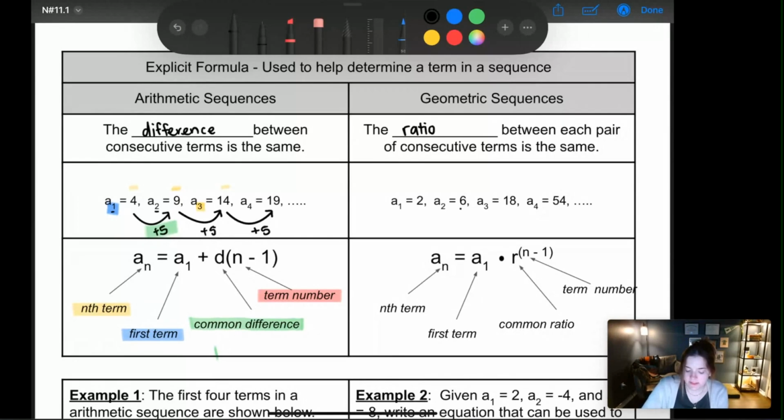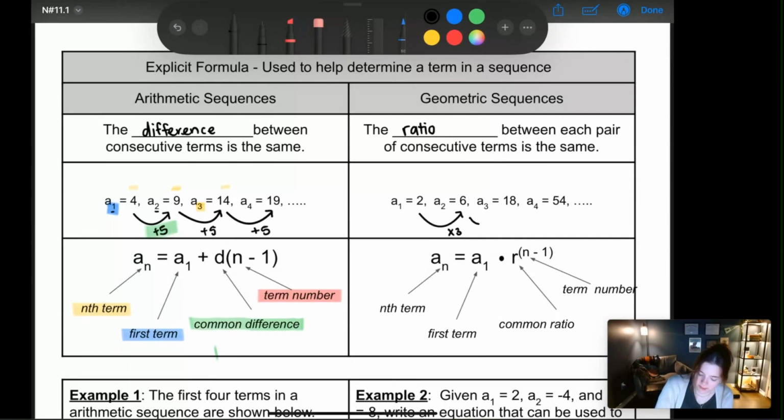But take a look. To go from 2 to 6, I could add 4, but if I add 4 to 6, am I going to get 18? I'm not. So what has to be happening here, since I'm getting bigger, is I'm multiplying, right? To go from 2 to 6, what could I have multiplied by? 3.